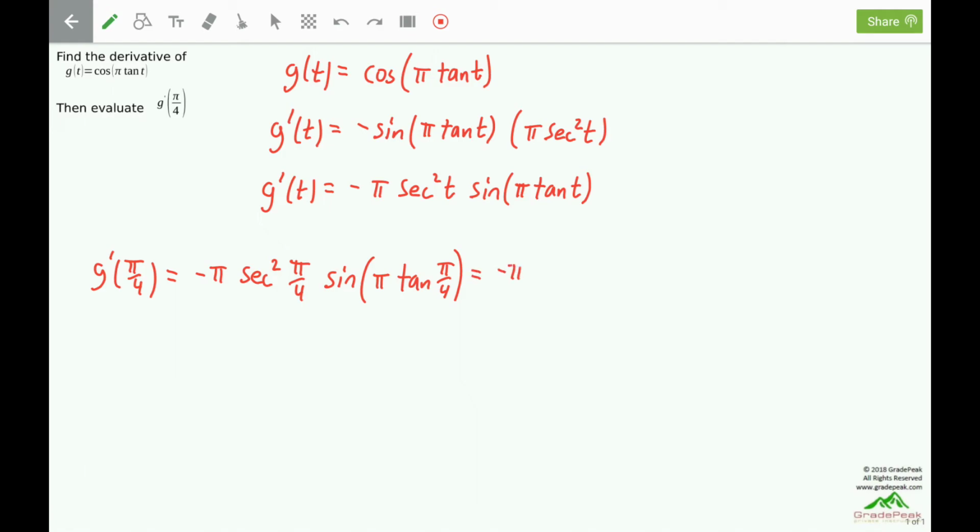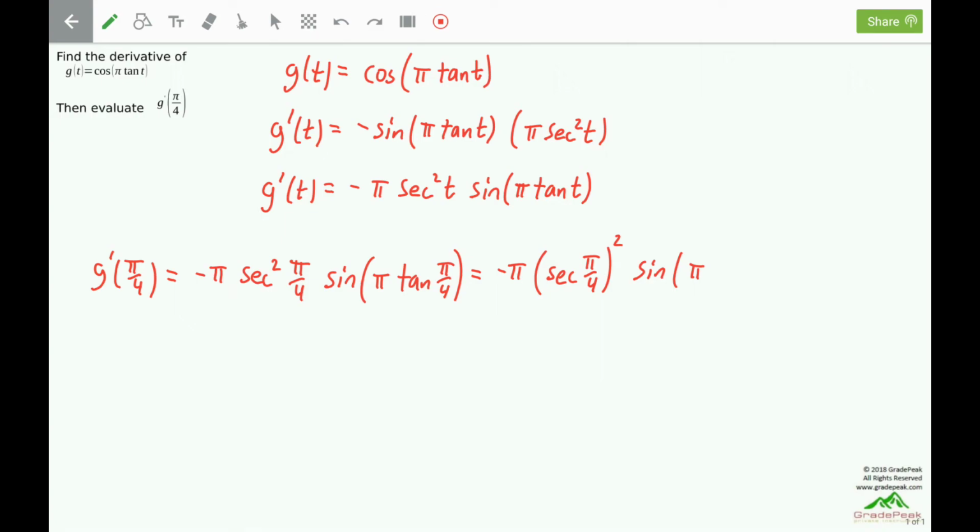So we have negative pi. Secant squared means to evaluate the secant first and then square the result. And then we have the sine of pi times the tangent of pi over 4.